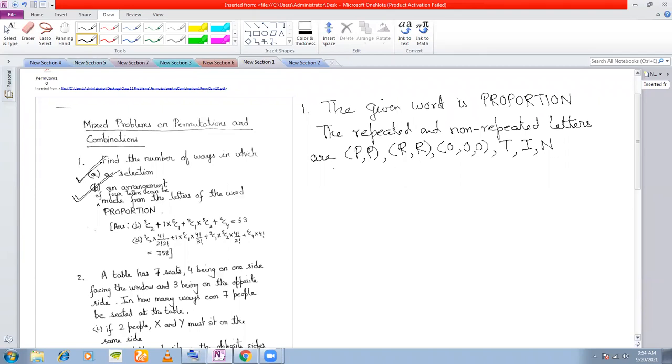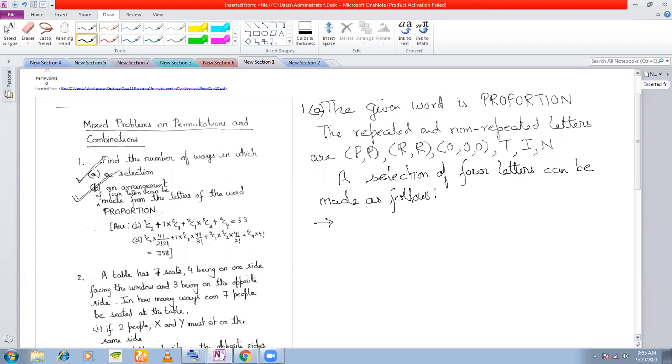Now how can the selection be made? What are the various possibilities? A selection of 4 letters, this is your 1A. The selection of 4 letters can be made as follows.